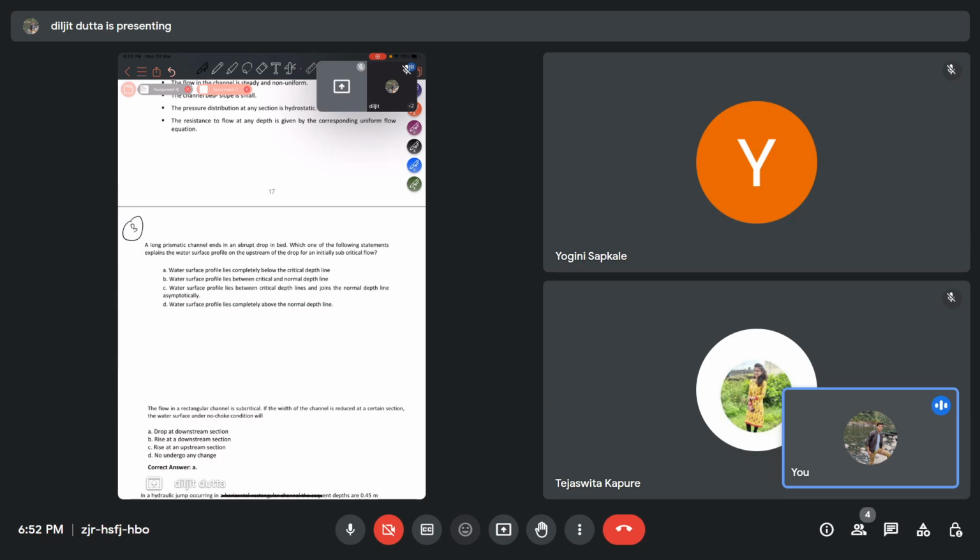If this is the initial bed, there is an abrupt drop in bed. If the initial flow is subcritical, if this is yc, then y is greater than yc. So which of the following statements explains the surface profile?